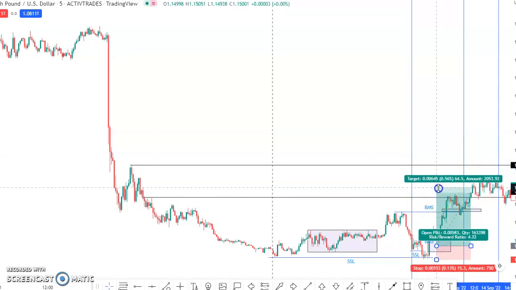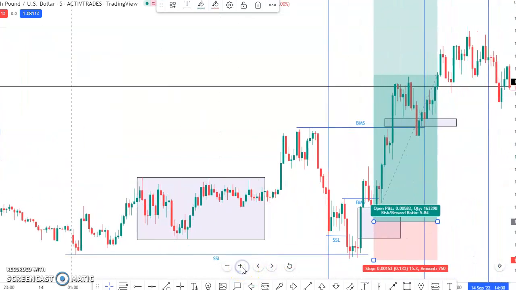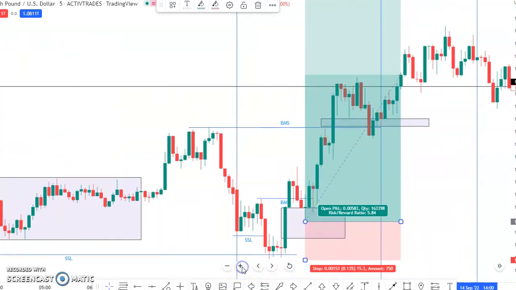So if we were to target that high, price rose almost up to 90 pips. So the key thing here, guys, is the lower the time frame, the tighter your stop loss will be, and the higher the chance of having a big risk to reward ratio. Like this one got up to 1:5.